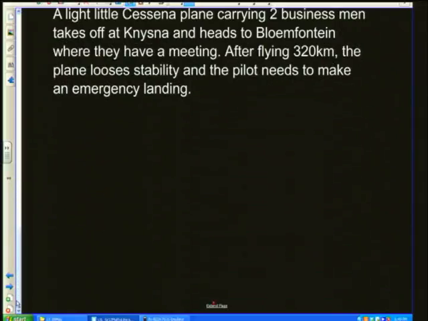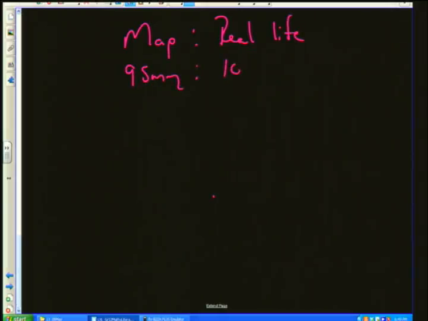Okay, so we said, let me just extend this, we've got the map, and we've got real life. We said, according to our map, 95 millimeters represents 100 kilometers. When we measured this distance, we got 220 millimeters.